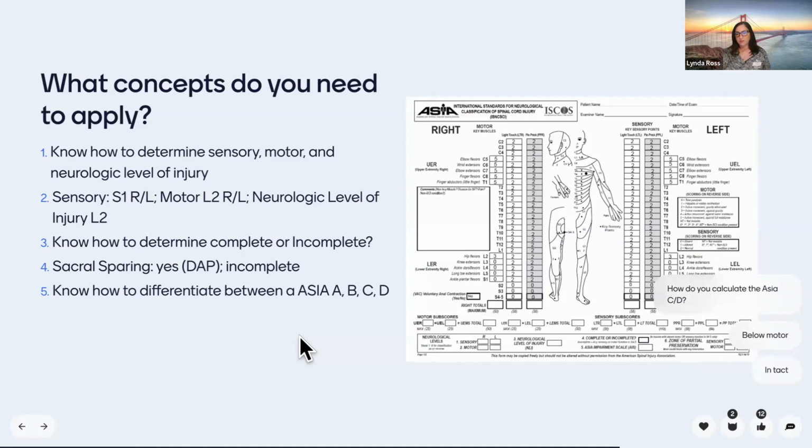Why do we determine the neurological level of injury? I don't know, can you guys see the ASIA worksheet? Stop sharing and I'll try to share again.